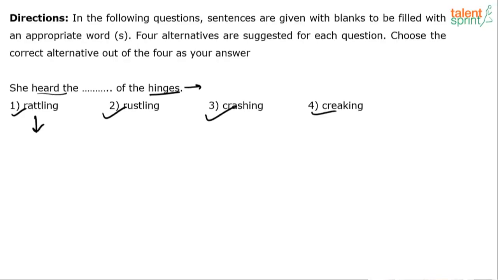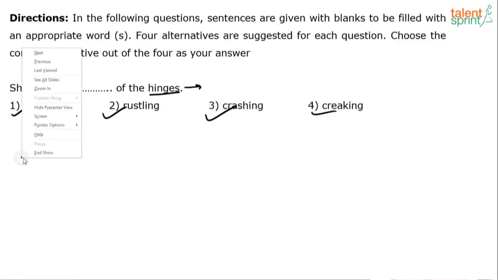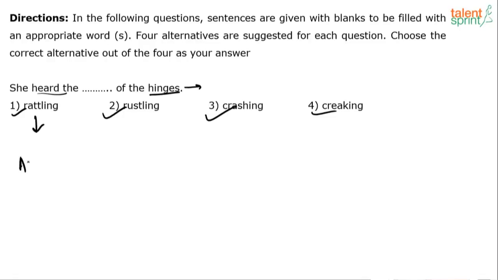It means a series of short, loud sounds. So, for example, rattling cups and saucers. Another example could be the rattling snake, the rattlesnake. Why is it called the rattlesnake? Because its tail, it rattles, it makes a sound.